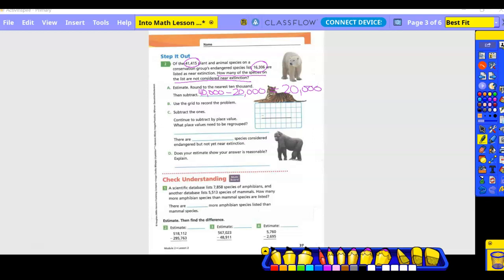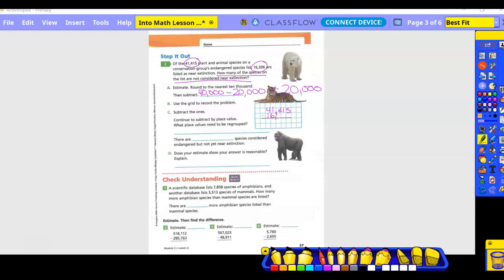Okay, now they actually want us to subtract the problem. So what is our first number? 41,415. Okay, and what is our second number? 16,306.